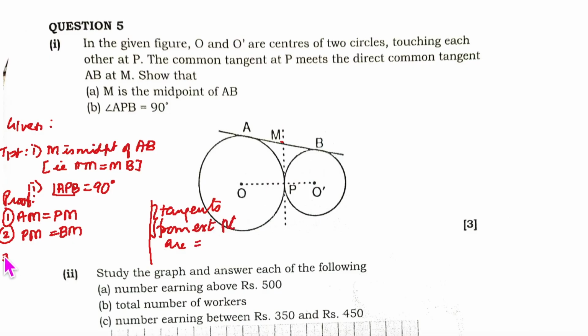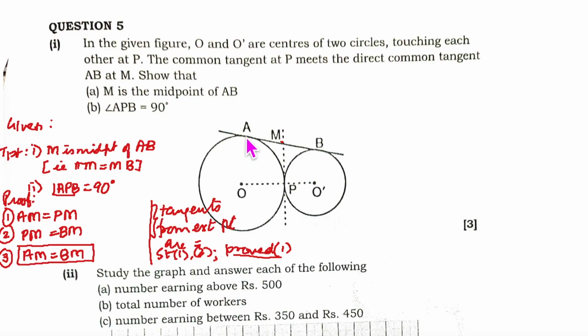Now from this obviously PM is the common quantity, so you'll have AM equal to BM, and this will be from statement 1 and 2, and we will say proved first part. Put this in a box. Make sure that your work is presented neatly and nicely. Alright, so first part is done.